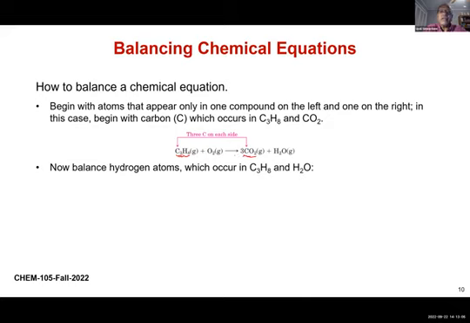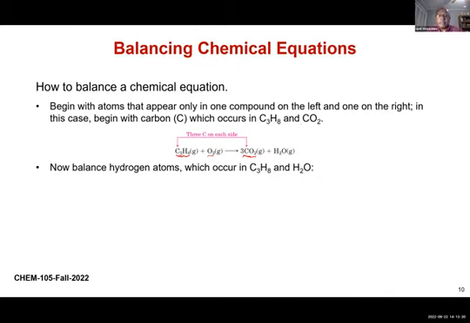Carbon is found in only one place, either in reactants or products. You could also start with hydrogen. You don't start with oxygen because it's found in one place here, but in two places in the product.